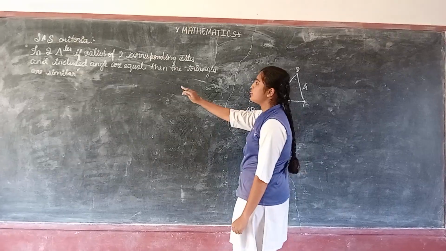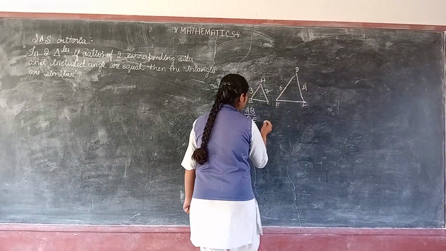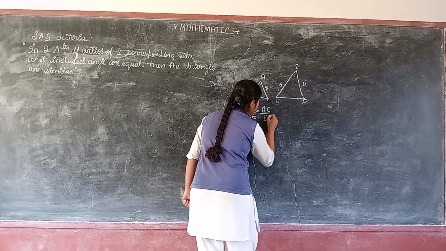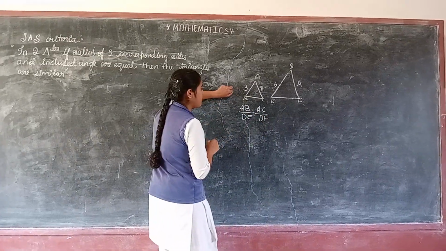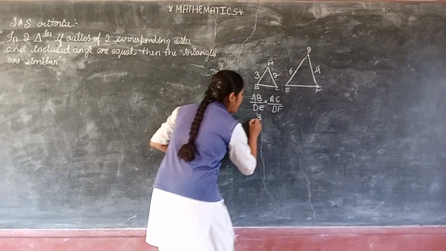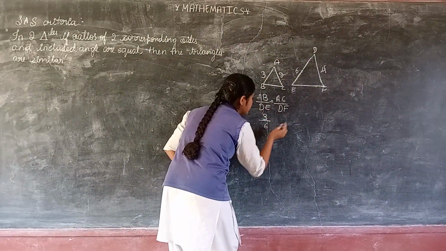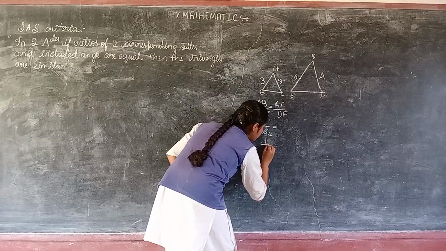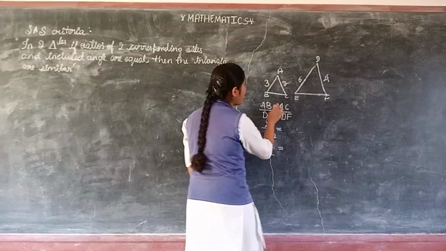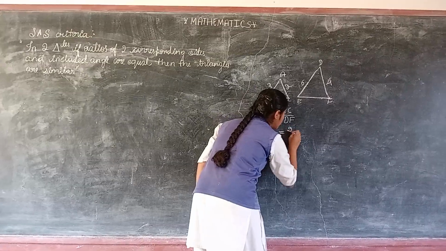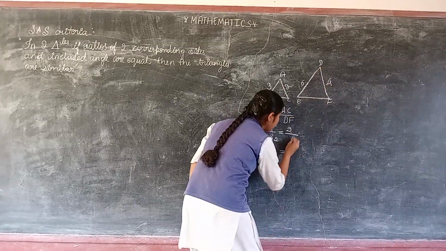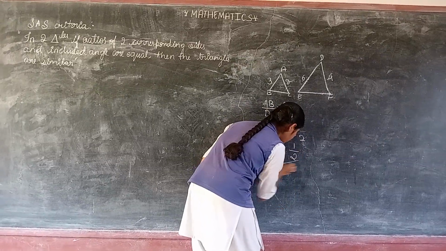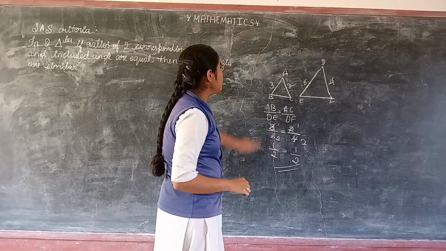This ratio should be equal to the other corresponding side ratio, that is AC by DF. Now the value of AB is 3 and DE is 6; 3 ones are 3, 3 twos are 6, so 1 by 2. Then the value of AC is 2 and DF is 4, so 1 by 2.